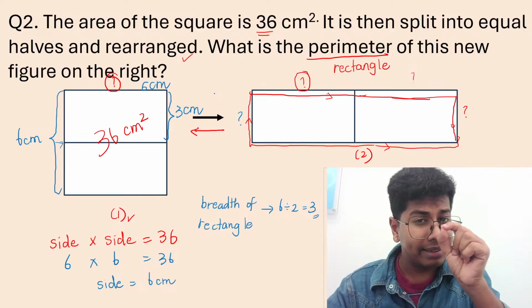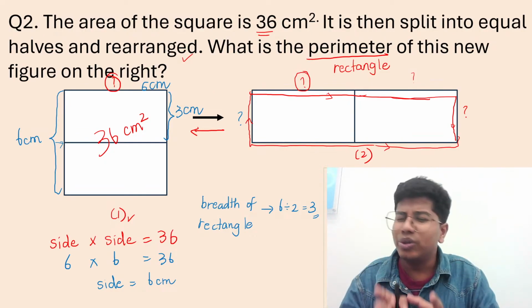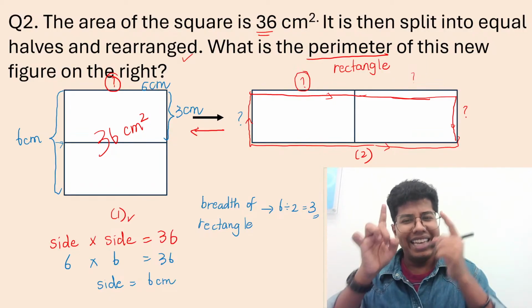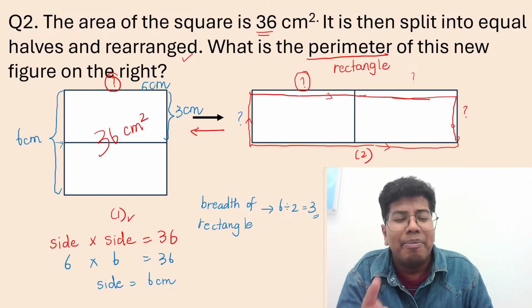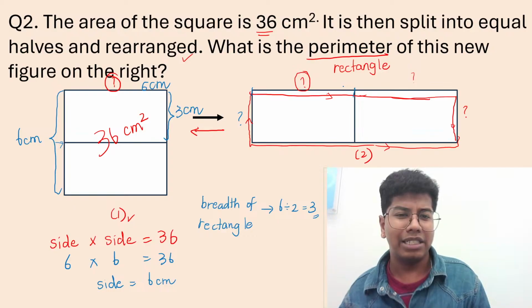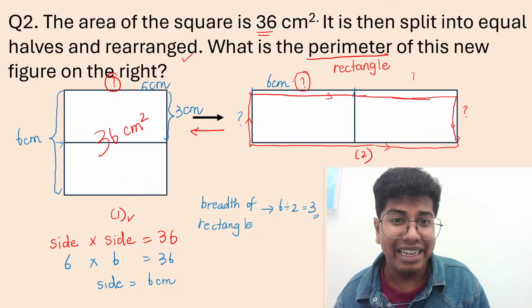And remember what I said. Label. Always. As soon as you get the value, try to label it on the figure. Now, let's try to label all the values that we know. So for the length of the square that is present here, from here all the way to here, what is the value? This is 6 centimeter.